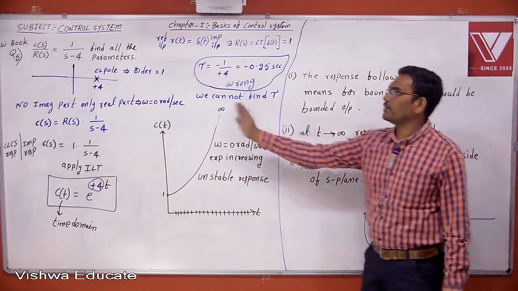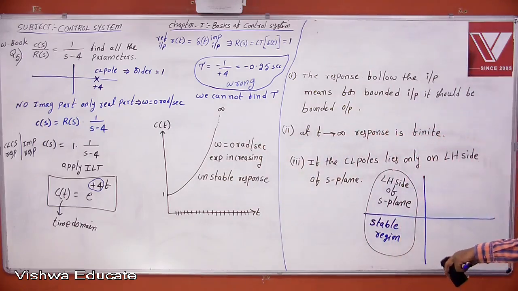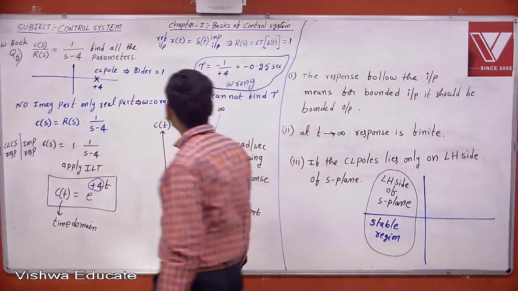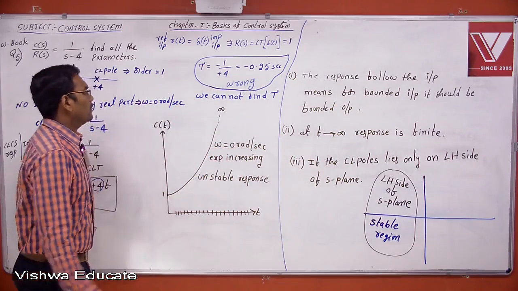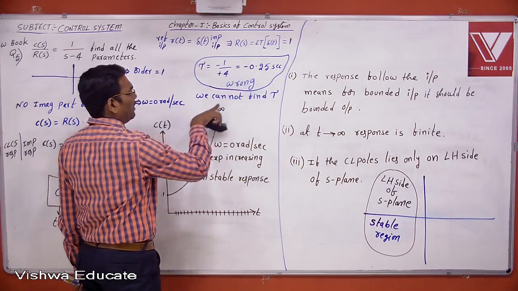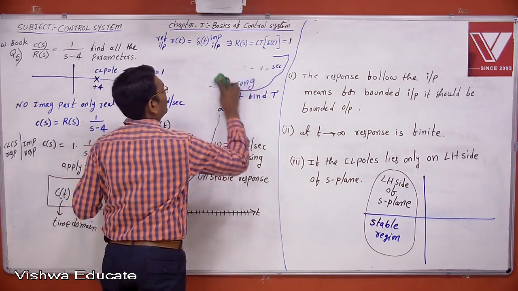Now take this particular portion. Then here this note also we will take. We cannot find the time constant. This is wrong. We cannot find the time constant because the system is unstable. This note also you have to consider.